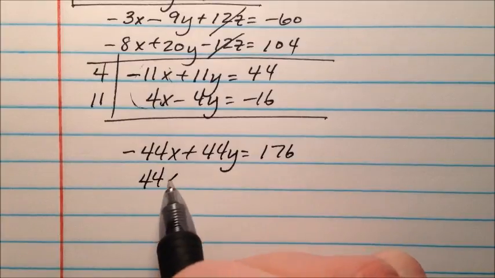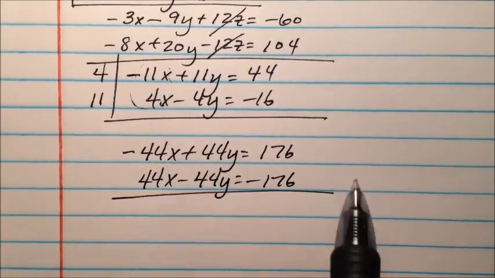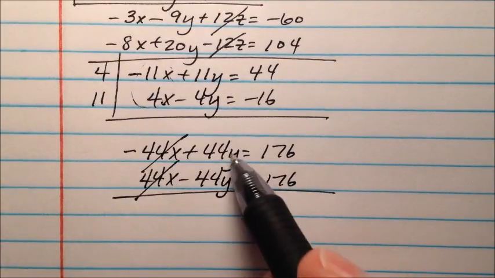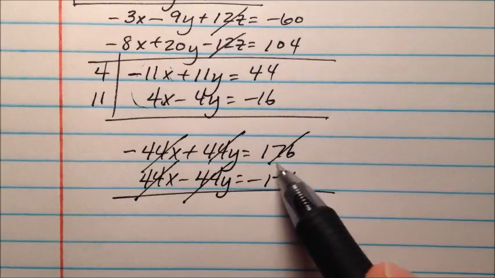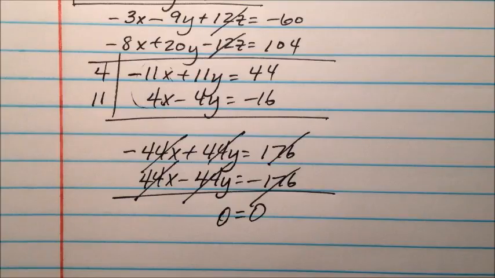And then the bottom will be 44x - 44y = -176. Well, if you see, the x's cancel, but the y's also cancel, and the 176's also cancel. So I'm left with 0 = 0.